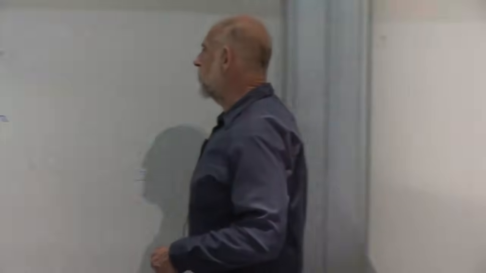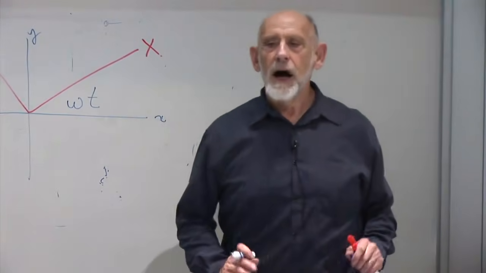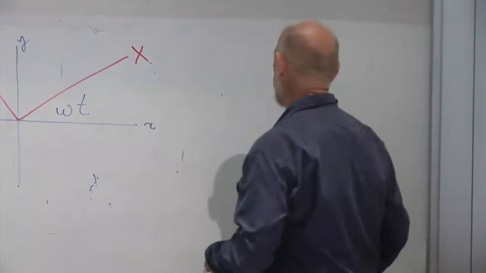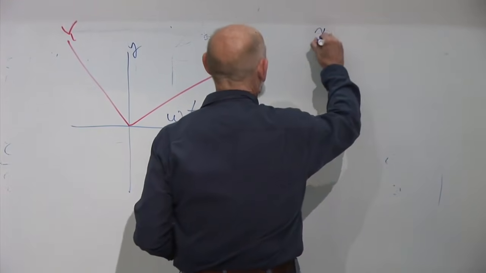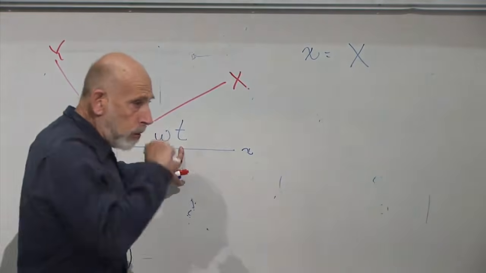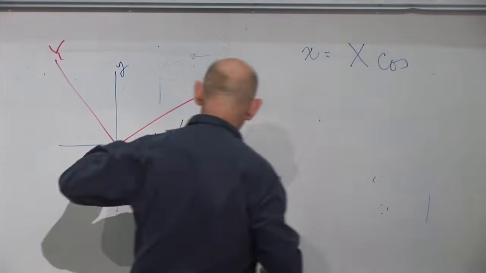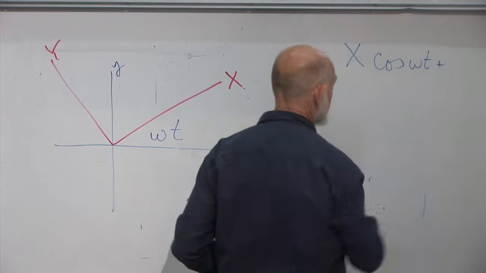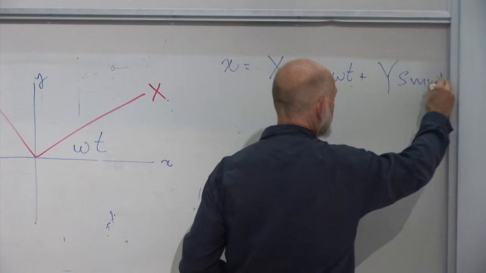And now the question is, what is the coordinate transformation between the big coordinates and the little coordinates? I'll let you work that out. I'm going to give you the answer. I'm going to write little x and little y in terms of big X and big Y. Little x is equal to big X times cosine omega t, plus big Y times sine omega t.